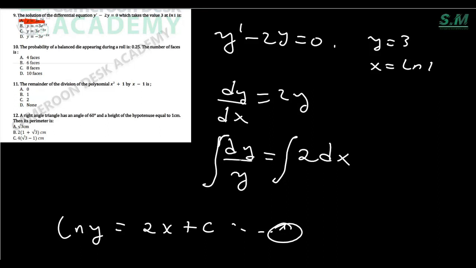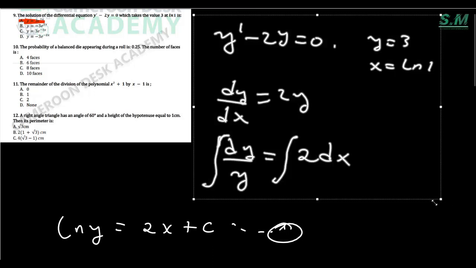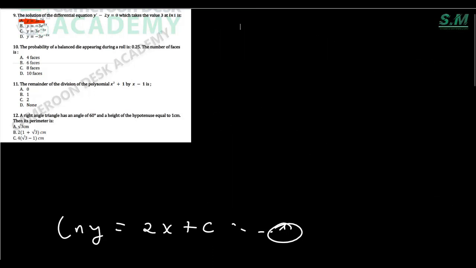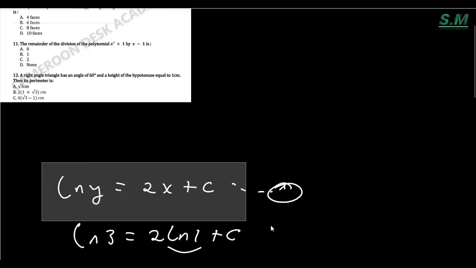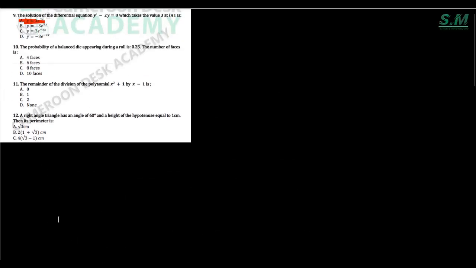Now number 10. The probability of a balanced die appearing during a roll is 0.25. The number of faces is, so a balanced die means we definitely have equal figures which appear on every face.